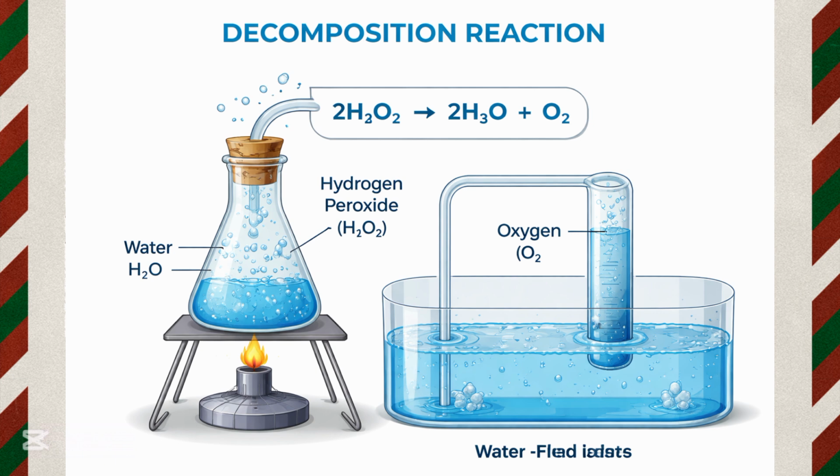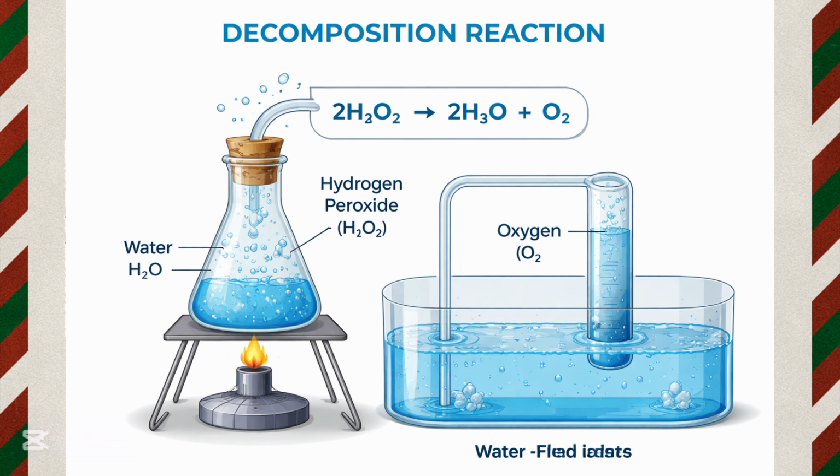Let's see how decomposition reaction takes place. Down there we have heat. We all know that decomposition reaction can occur by either heat, light or electricity. Here we have a source of light there. Down the tripod stand, we have our container, a conical flask, which contains our substance, hydrogen peroxide.